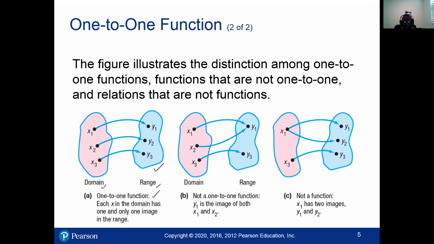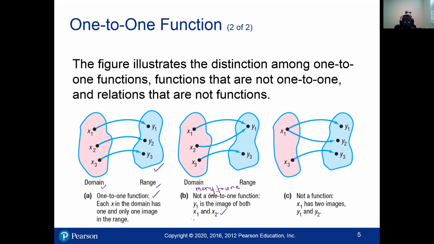But this one is not one-to-one because y1 has two inputs from the domain, x1 and x2. So if you want to call this, it is specifically called a many-to-one function.